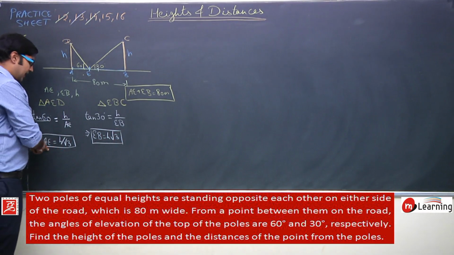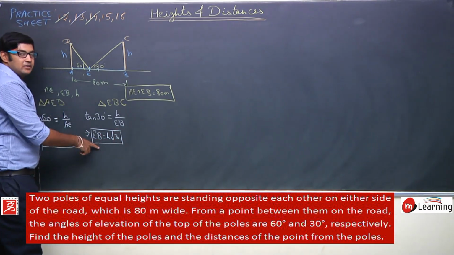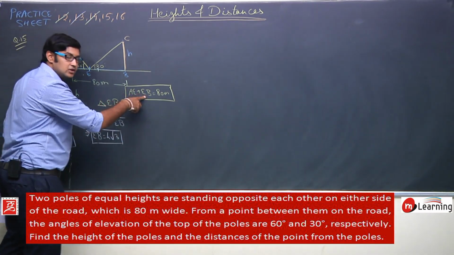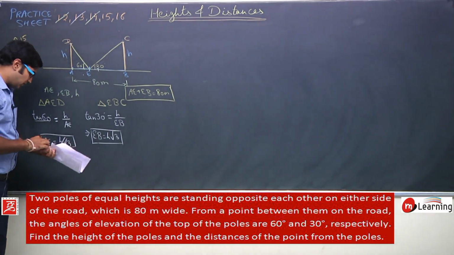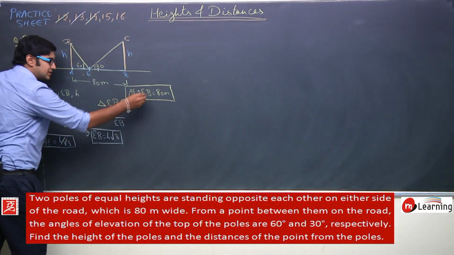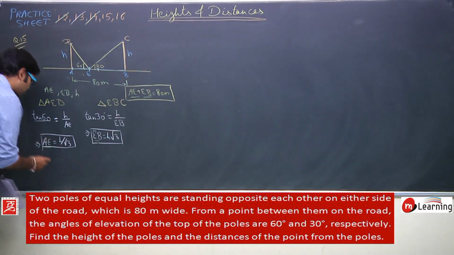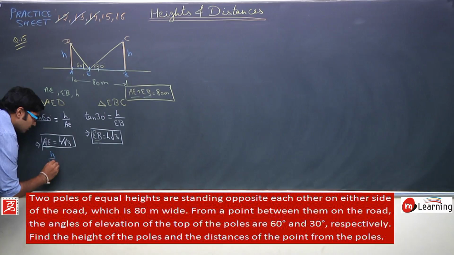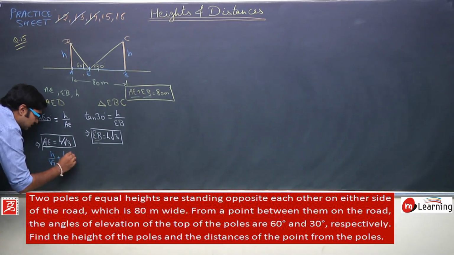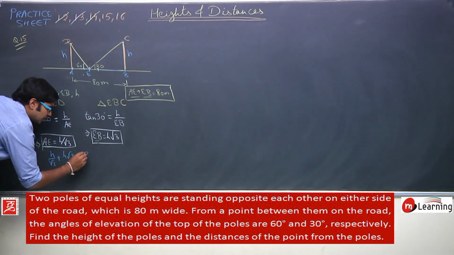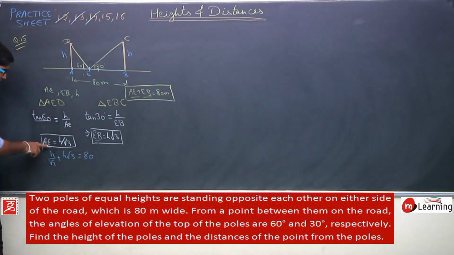Now we have AE, we have EB, and we have this condition. So can I substitute the value of AE and EB in this equation? I will get h upon root 3 plus h root 3 is equal to 80 meters, since AE plus EB is 80 meters.